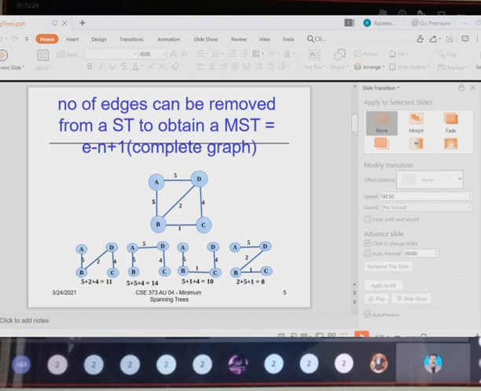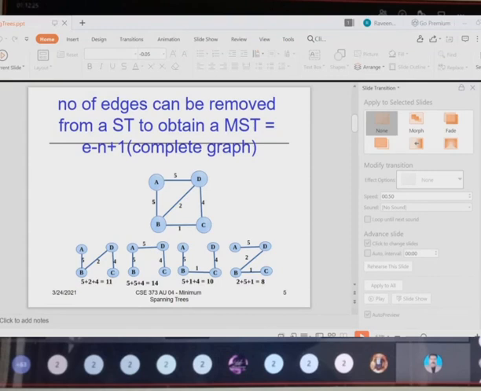That is number of edges minus number of vertices plus 1 gives you the number of edges that can be removed to form a minimum spanning tree. We take it as an example. We have 4 vertices and 5 edges. So calculating with this formula, 5 minus 4 plus 1, which gives you 2 as an answer. So 2 edges can be removed so that we'll obtain the minimum spanning tree.